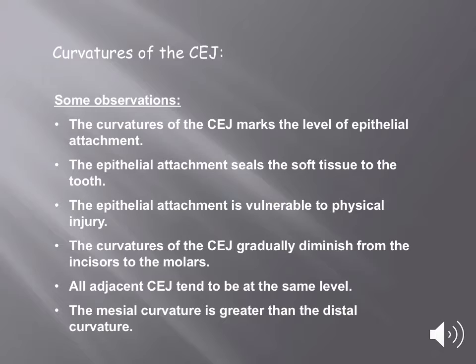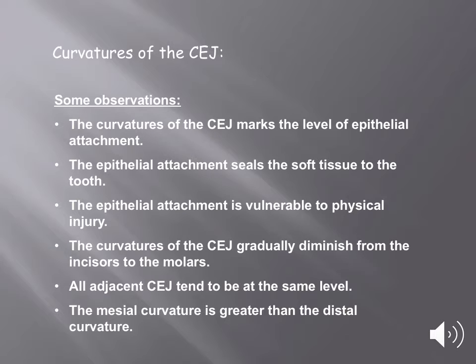So what do we observe? As I said, these curvatures of the cemento-enamel junction, or CEJ as we call it, mark the level of epithelial attachment. Of course, the epithelial attachment becomes lower in life as the human progresses in age. But in its healthiest time, the CEJ marks the level of epithelial attachment. That means that area, that level where the gums are attached to the tooth.